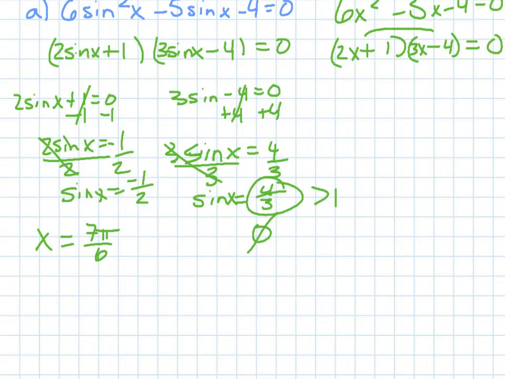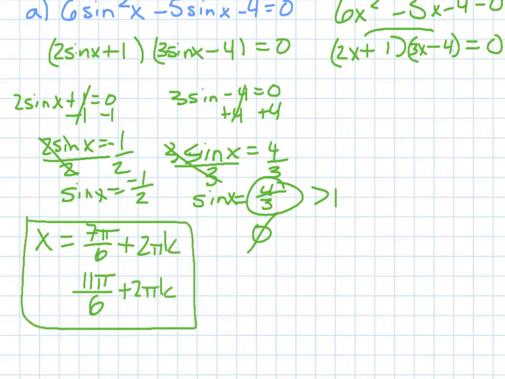Now here, for both of those, I should write them correctly. Since we're talking about all reals, I need to have my 2 pi k added for each. These are not directly across from each other, so I cannot write them as one singular thing, like we did before.